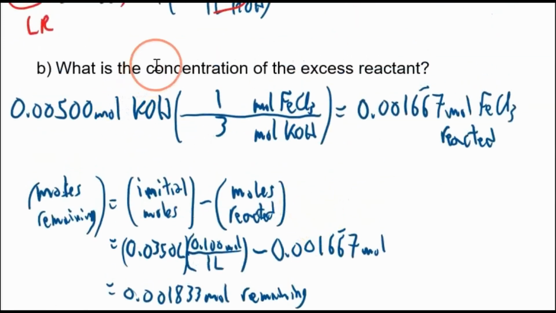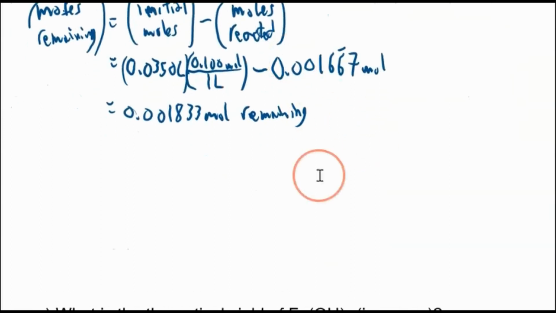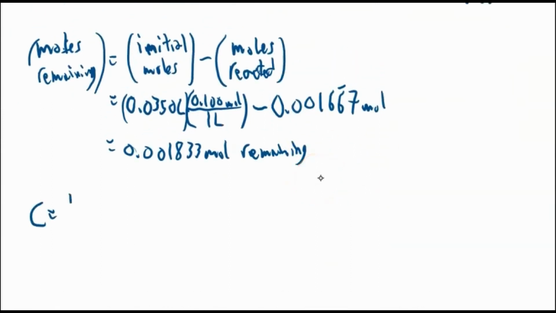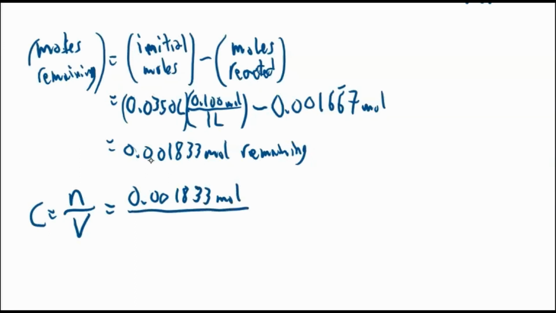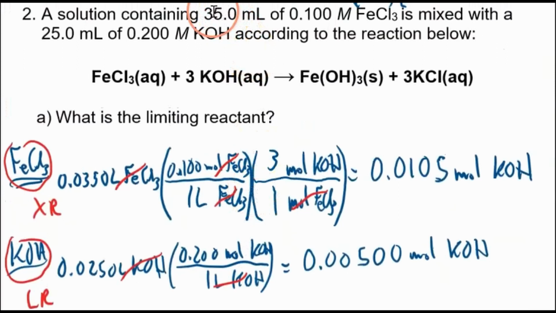So the concentration is simply moles over liters, moles over volume. We know that there's 0.001833 moles. And what's the final volume? We're mixing 35 mL with this mL. Now these are both aqueous solutions, so we can generally just add these two together.